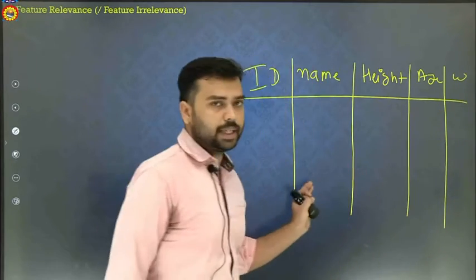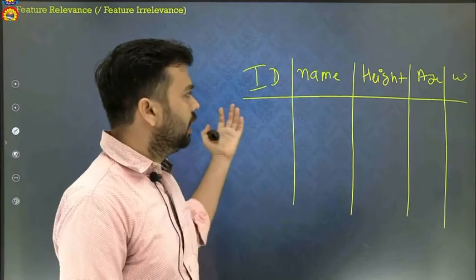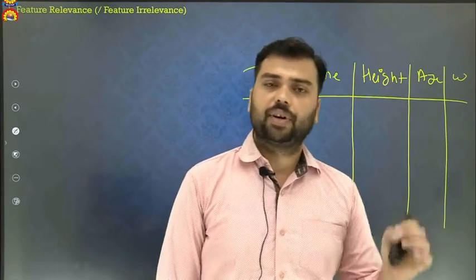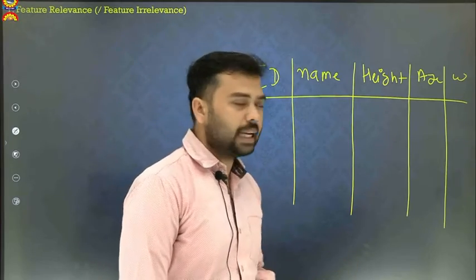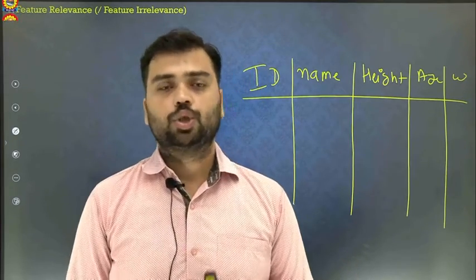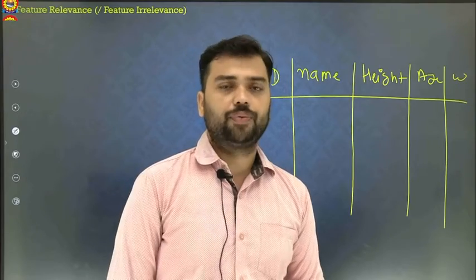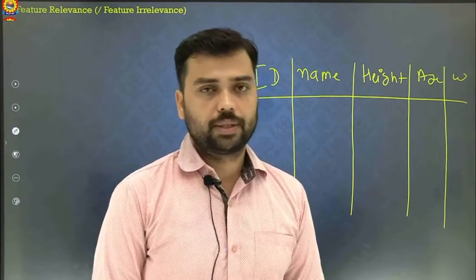Suppose it is your data set which contains the following 5 features: ID, name, height, age and weight. So we wish to find out the average weight of the students.